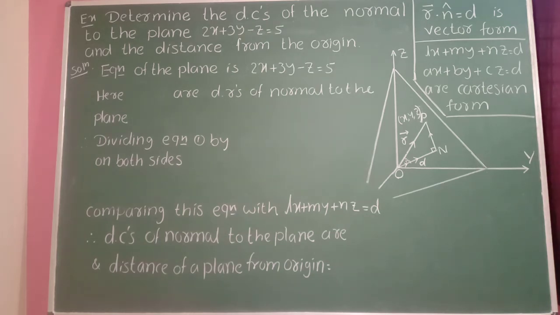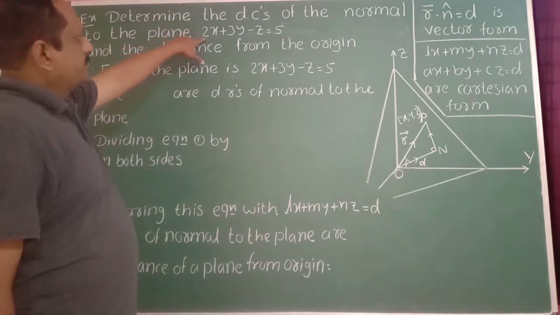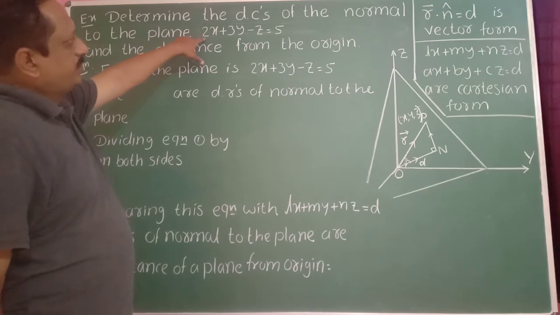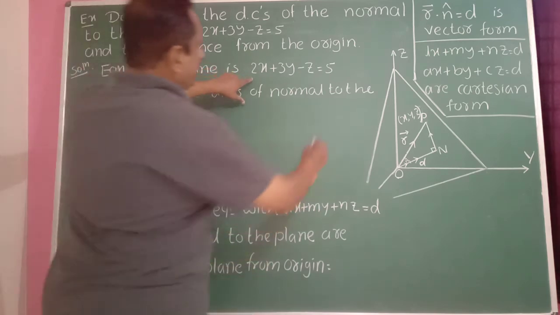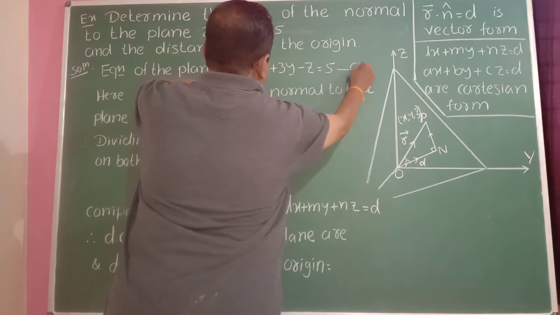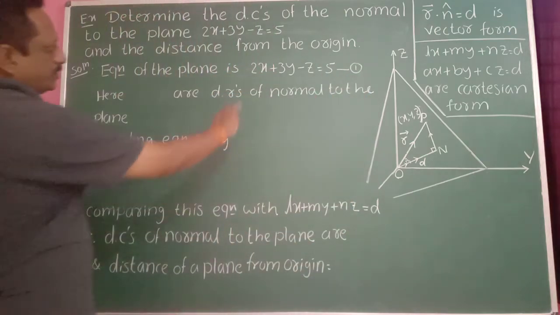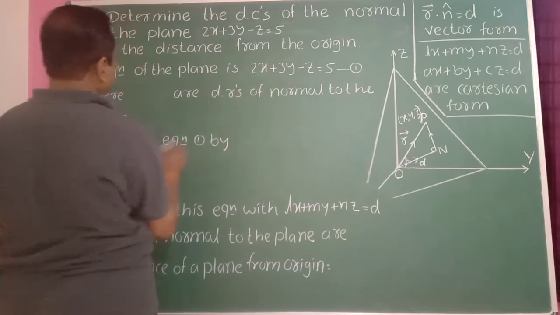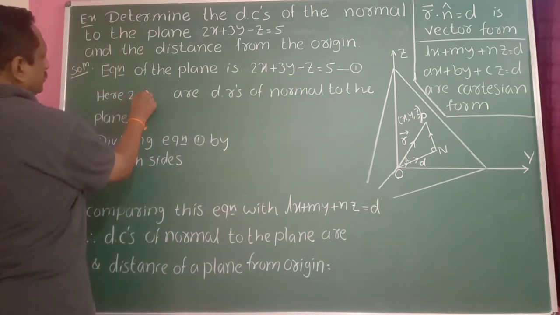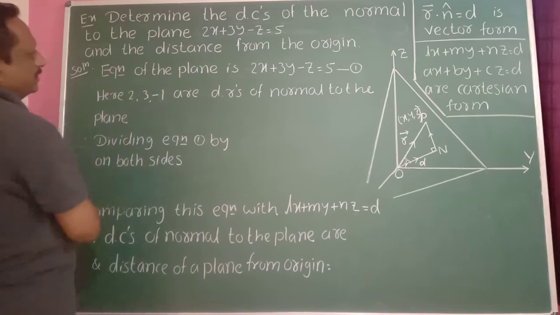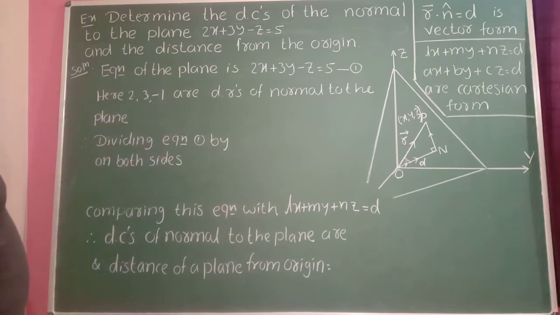So this is just like the previous example. Find the direction cosines and distance of the plane 2x plus 3y minus z equal to 5. Okay. Therefore, the equation of the plane is 2x plus 3y minus z is equal to 5. Therefore, 2, 3, minus 1 are the direction ratios of the normal to the plane.